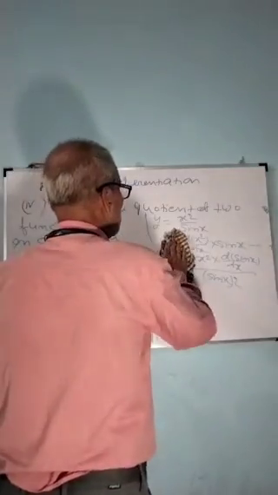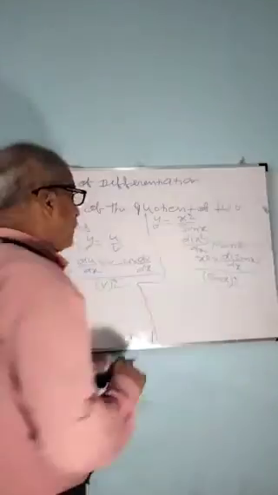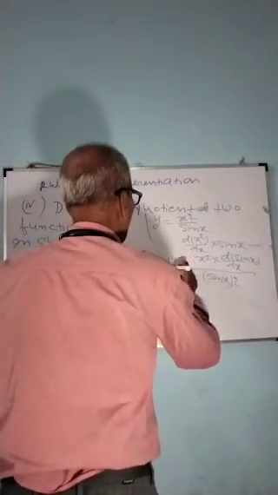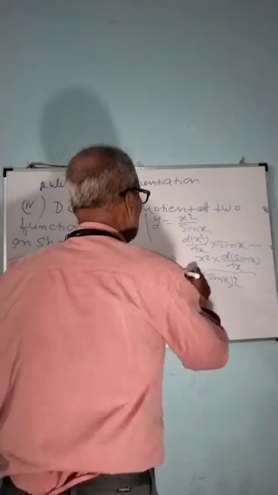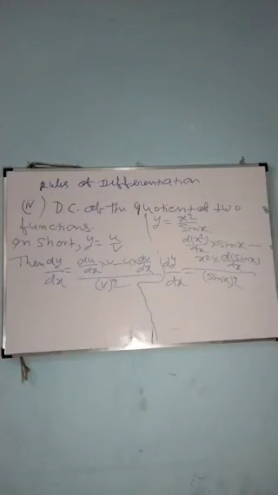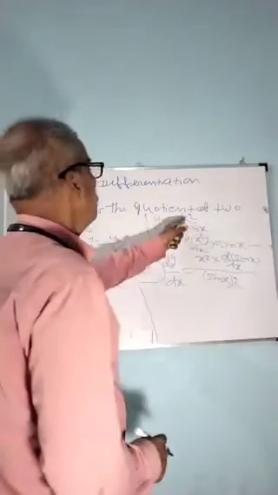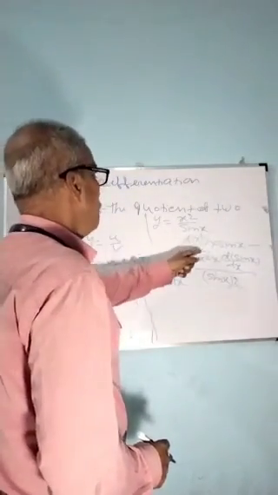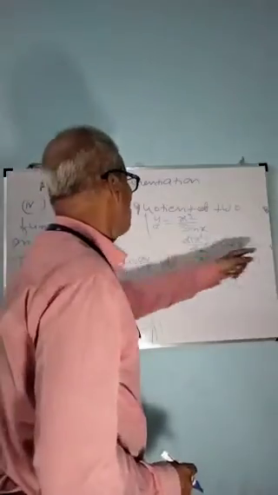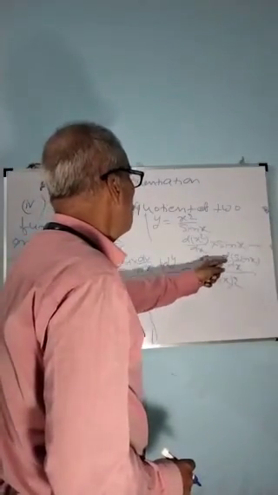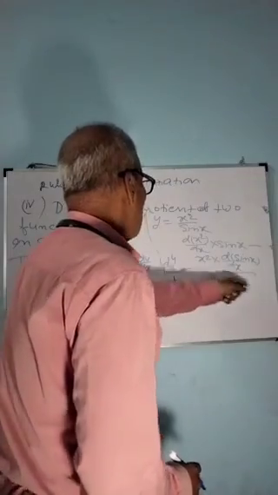To understand it easily, dy by dx is equal to DC of x square into sin x minus x square into d sin x by dx, by sin x whole square.